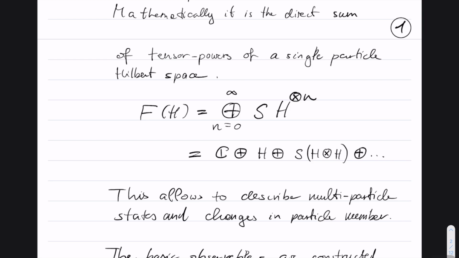You could have in principle infinitely many particles occupying a multi-particle state. So the definition of the Fock space is this sum of the tensor products, which just generalizes to the existence of not just one particle, but many particle states. And as we said in the very beginning of this course, in quantum field theory, particle number is not necessarily a conserved quantity.